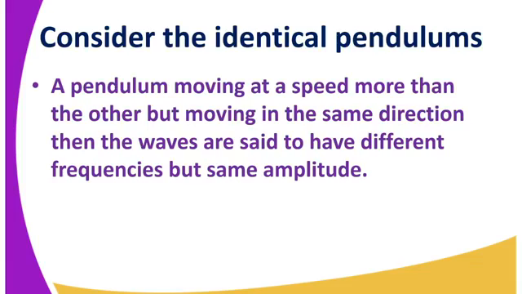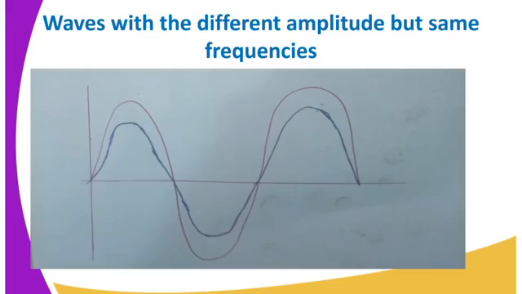When these two pendulums are moving in the same direction but at different velocities, the waves are said to have different frequencies but the same amplitude. A pendulum moving at a speed more than the other, but in the same direction, gives waves with different frequencies but the same amplitude. That is the first point: waves with the same amplitude but different frequencies.